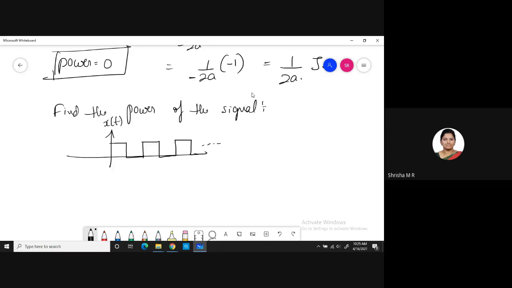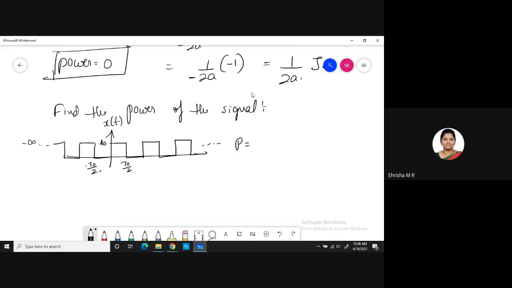It goes on up to infinity, and this goes on up to minus infinity. So it's a periodic signal with amplitude A0, and the time period here is T0 by 2, and here it is minus T0 by 2. So try to find the power of this.